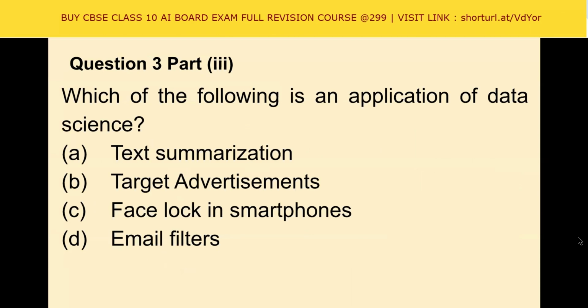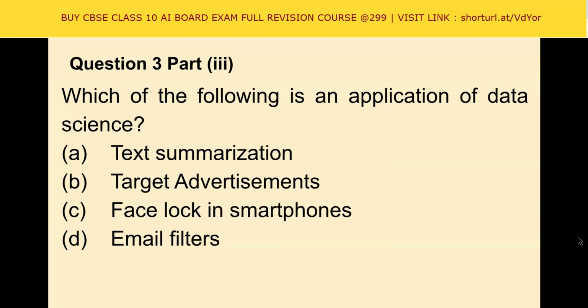Now, which of the following is an application of data science? Here: text summarization, targeted advertisement, face login in smartphones, and email filter. See, text summarization, you are making a summary of the text, so obviously it is NLP. Targeted advertisement, where you are targeting a person with a certain advertisement. Is it NLP or is it data? Face login, you have no doubt, because face login uses CV, or computer vision.